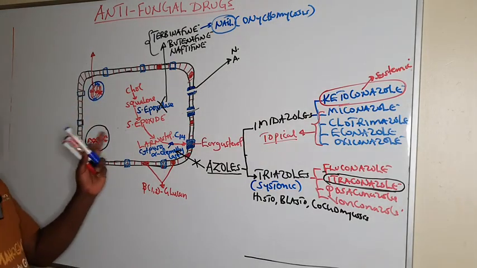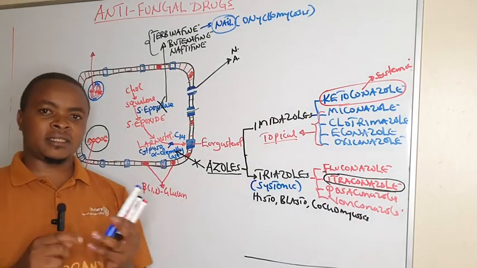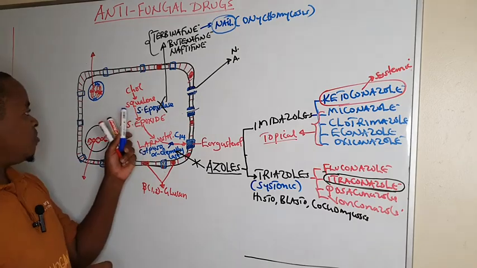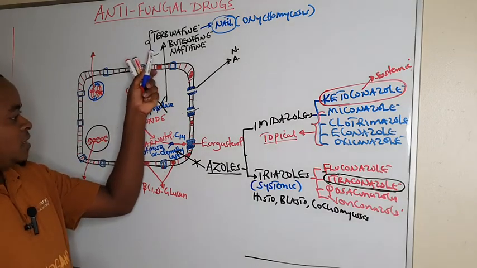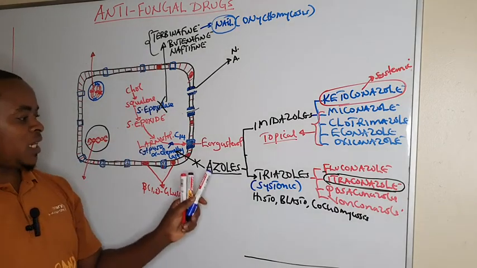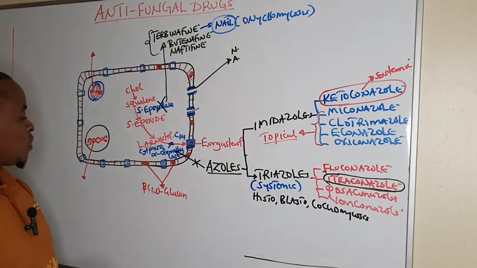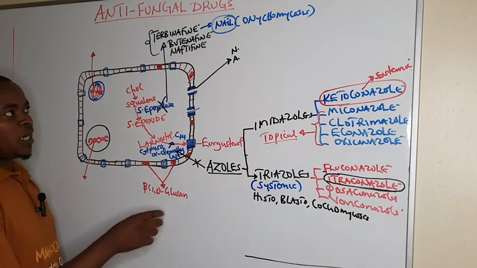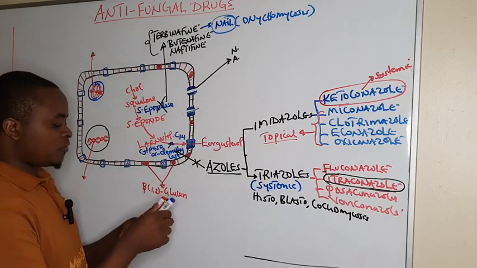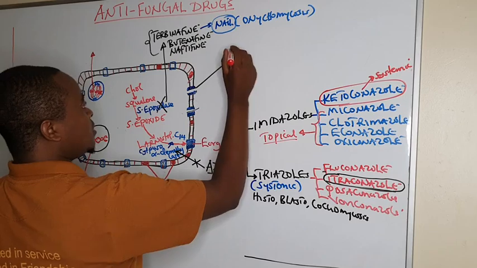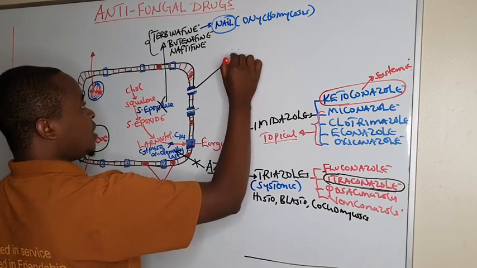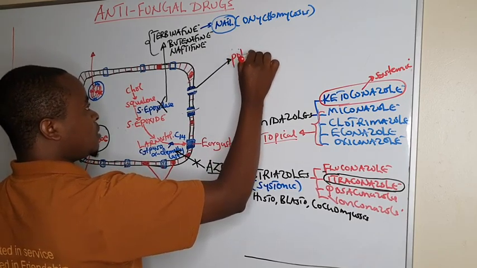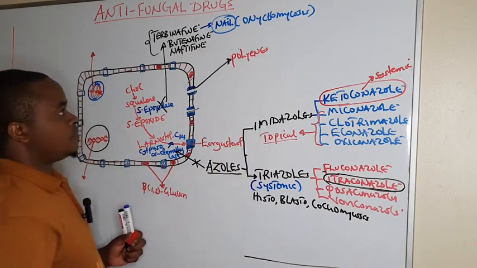Then another category of drug that targets the cell wall, apart from terbinafine, which are alkylamines, apart from the azoles, we have also the beta-glucans. But before we go to the beta-glucans, we have also another category here known as the polyenes. These are antibiotics.